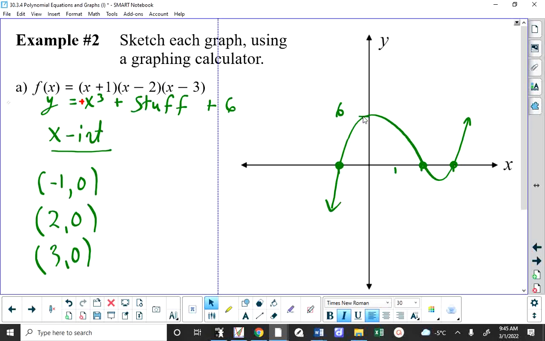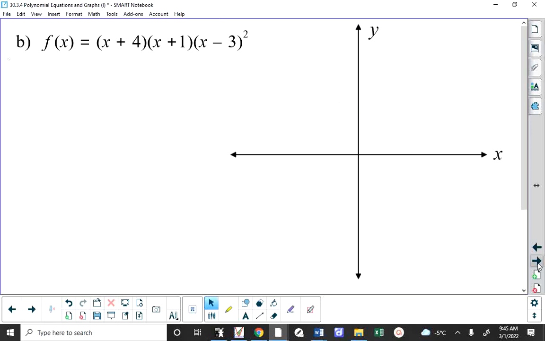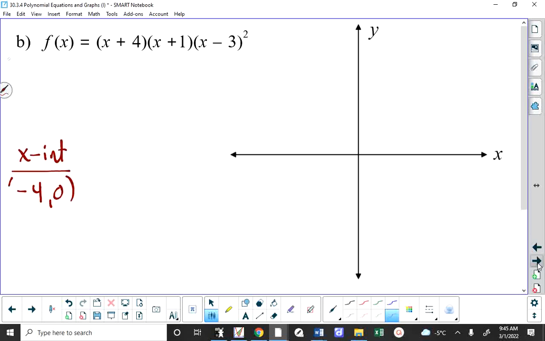Let's take a look at this one now. We are asked to sketch what the graph of this looks like. Well, let's make a list of the x-intercepts. We'll have one at negative 4 comma 0 because of the x plus 4. And you know, if this were a written response, you would really want to explain that. You would say, since a factor is x plus 4, the value of x that makes x plus 4 0 is negative 4, so that's an x-intercept.